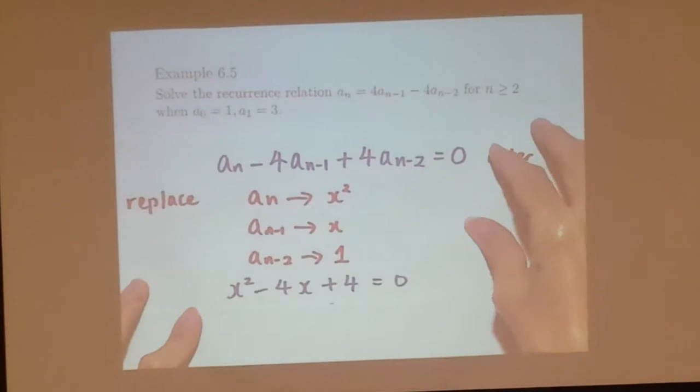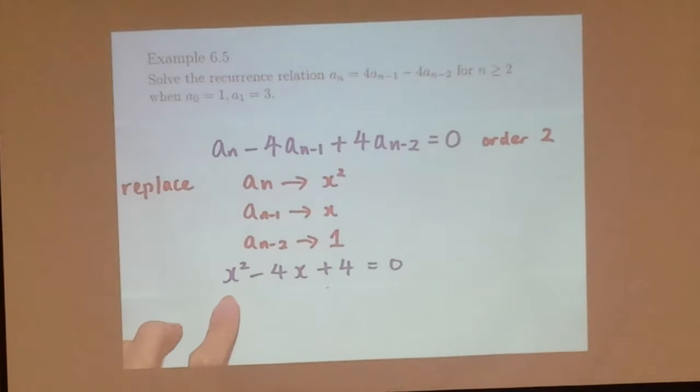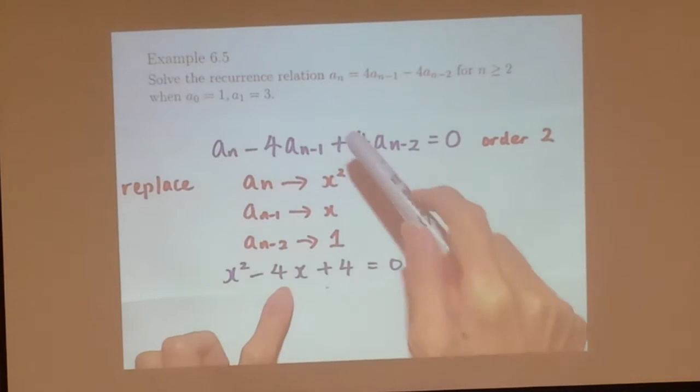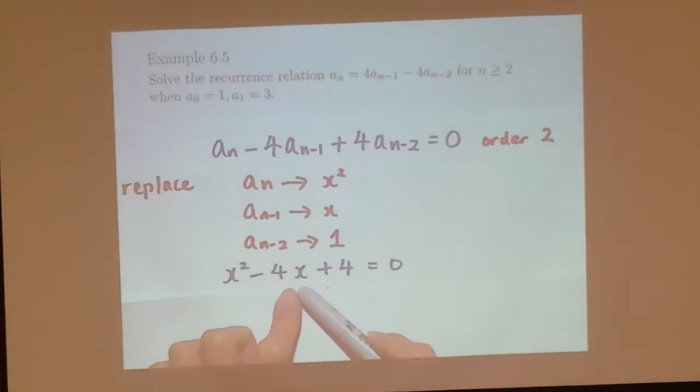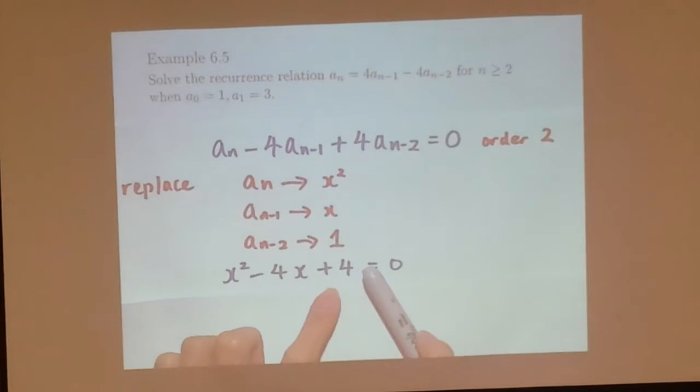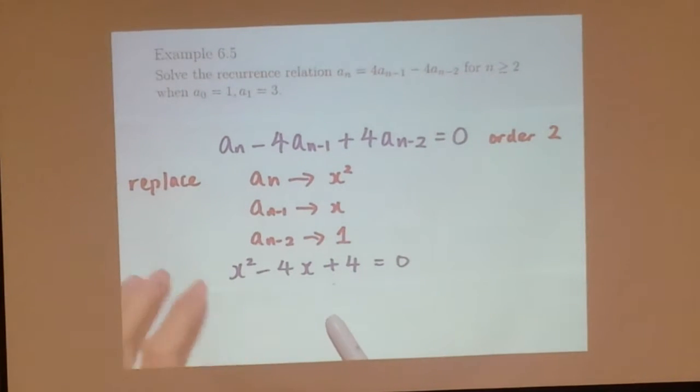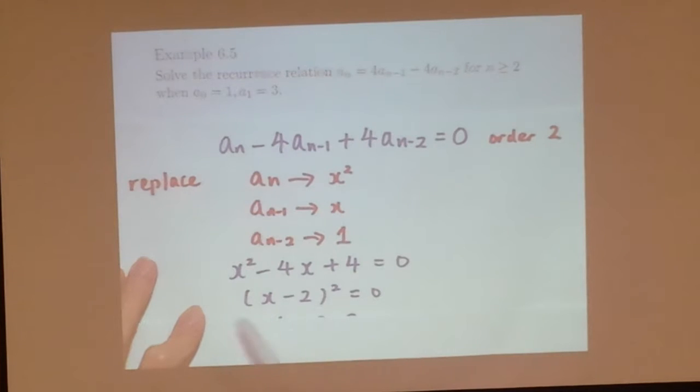So you should have an replaced by x squared, an minus 1 replaced by x, an minus 2 replaced by 1. And this time you get repeated roots. If you factorize this, it's x minus 2 squared.